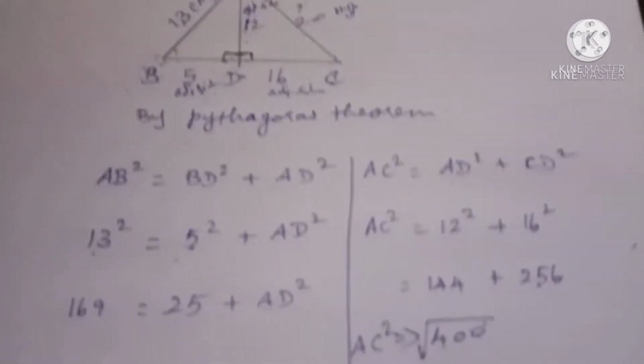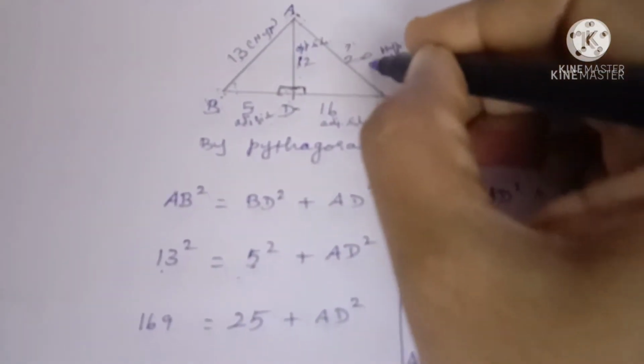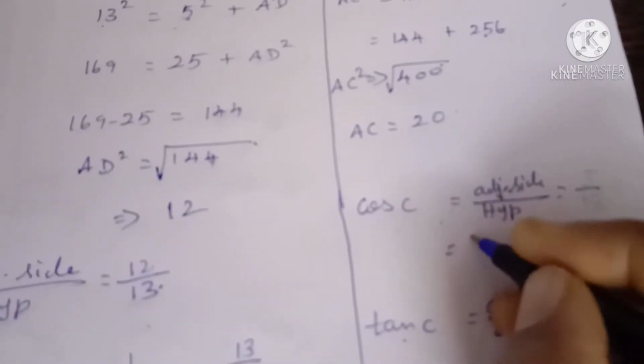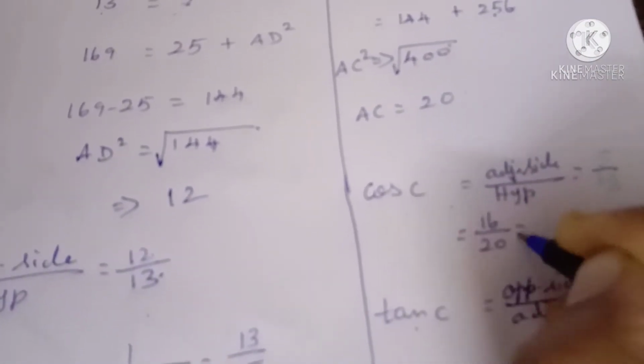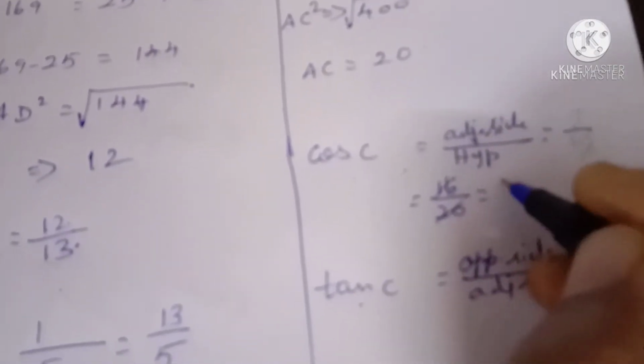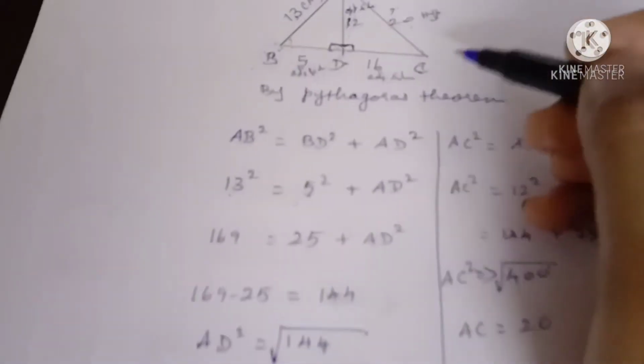So now cos C. Cos C is adjacent side by hypotenuse. So the adjacent side is 16 by 20. This is divisible by the 4 table. 4 4s are 16, 4 5s are 20. Therefore 4 by 5.